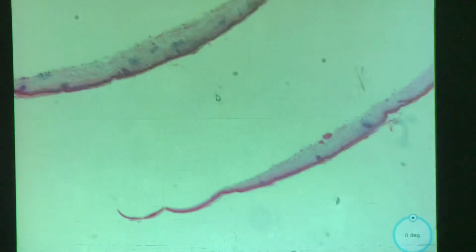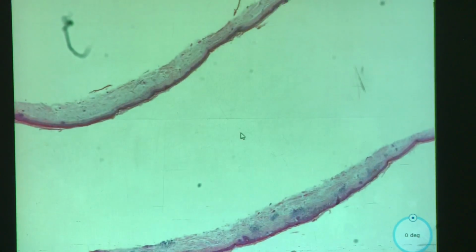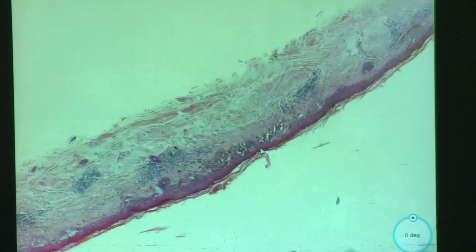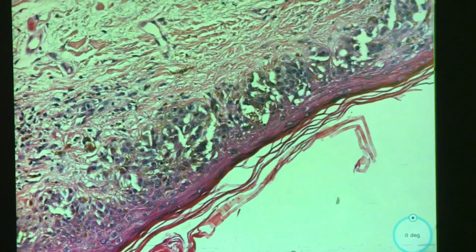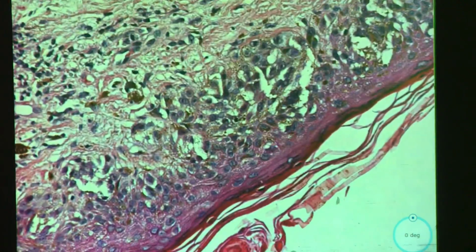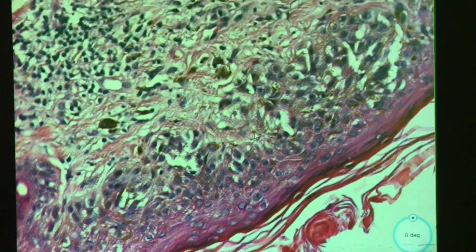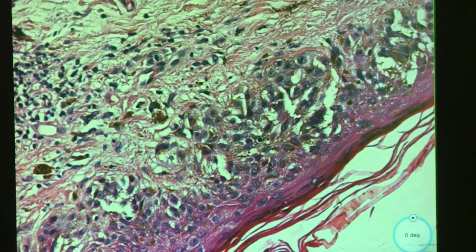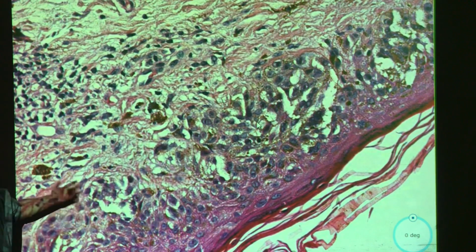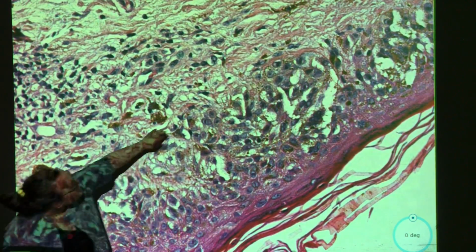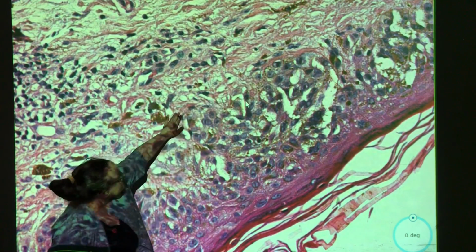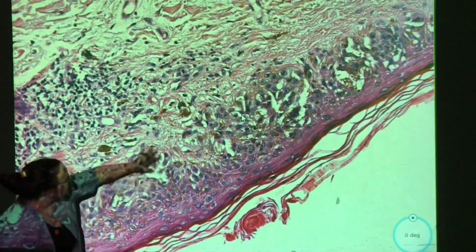Yeah, and I think on the first piece you looked at with the nests, that was the best area. Because those are all nested. So you can see how, I mean, it's kind of difficult at this power, but you can see how they generally create these nodular areas.